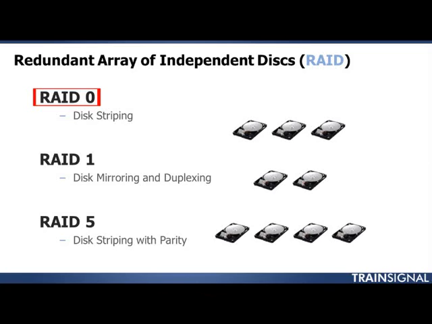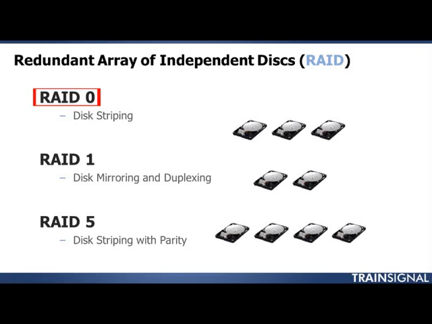So theoretically, you can read the data 3 times faster if you had 3 disks. Okay, and again, that's not literally 3 times faster because there is some overhead that goes with it, but you're going to get improved performance. So very often you'll see this on a database server. If you have a large database, you will use some form of disk striping to improve performance.